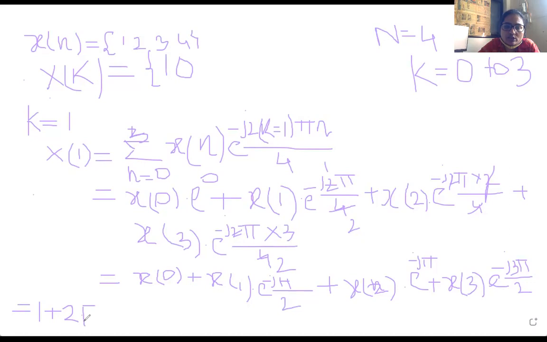So we will be expanding this exponential part. E raised to j theta, how do we represent this in the angular format? This will be cos theta plus or minus j sin theta.